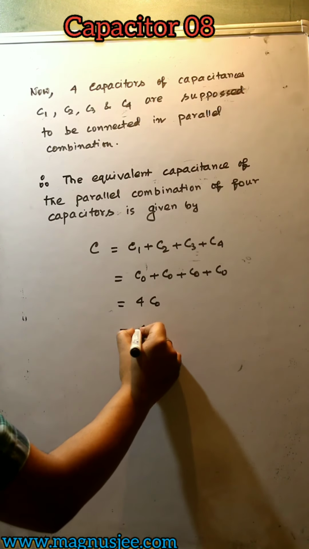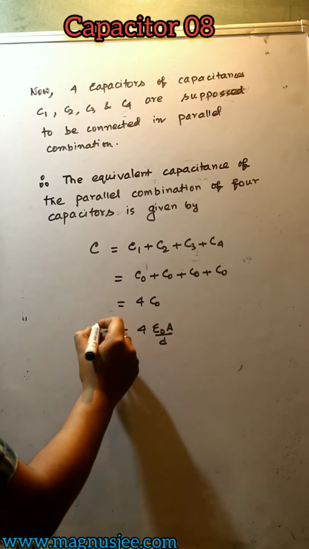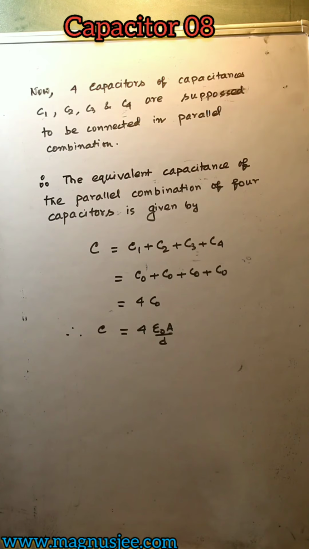Therefore, C equal to 4 epsilon 0 A divided by D.